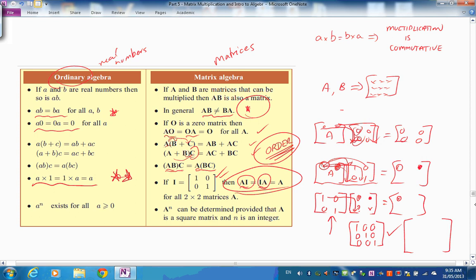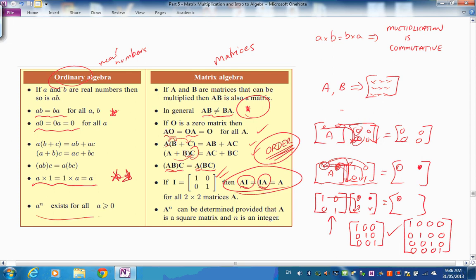Can you just think about that? What about this? Then 0, 1, 0, 0, 0, 0, 1, 0. Is this what we need? I think so. And that would be a 4 by 4 identity.